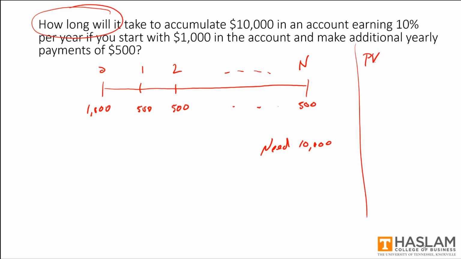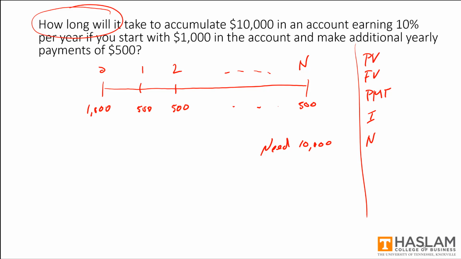We have these boxes to fill. And so what goes where? Starting with inflows and outflows again. Since we're depositing money into an account, I want to think of that as going out of my pocket into the account.